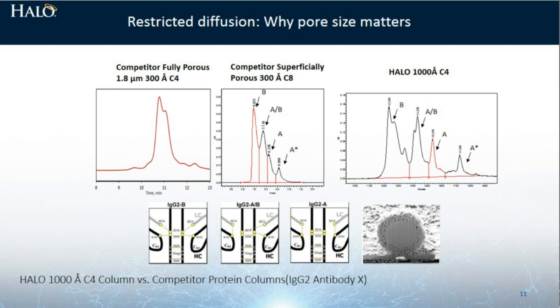The use of an early superficially porous material, 300 angstrom, with a C8 bonded phase gave a little bit better resolution. When a 1,000 angstrom C4 material was employed, there's clearly a much greater resolution of the thiol variants in this IgG2 material.